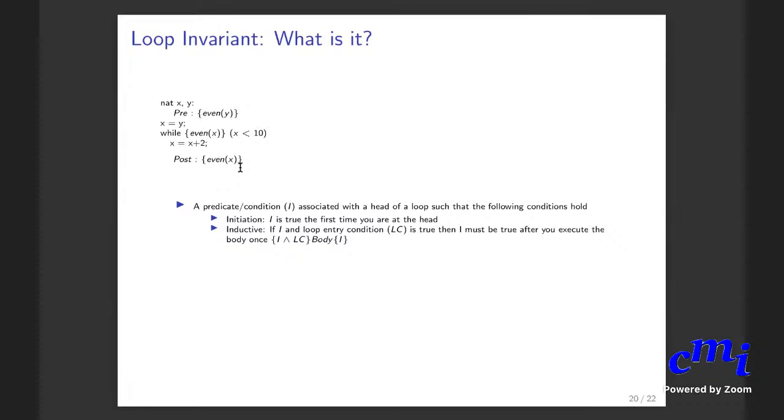So effectively there are three conditions that you will have to prove. First, of course, you have to hypothesize a loop invariant. That's the clever aspect, something that the verifier, the person who's verifying, has to propose.